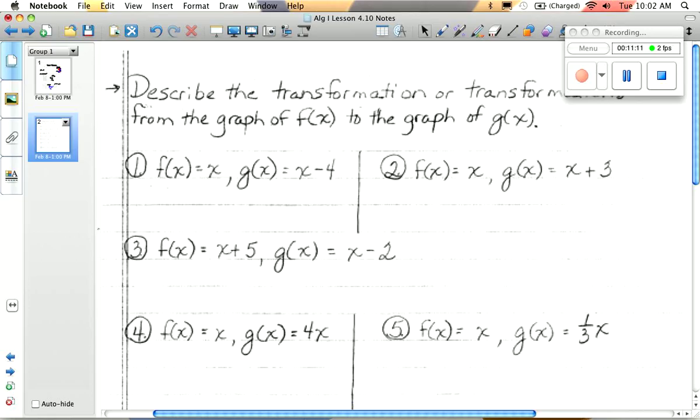A translation, maybe? Okay. Because what has changed in those equations? Has the slope changed? No. What's changed? The y-intercept has changed. And in fact, the y-intercept went from 0 to -4, so that means that point moved down 4, didn't it? And then would every other point on the line have to move with it? Absolutely it would, wouldn't it? Did it get reflected?